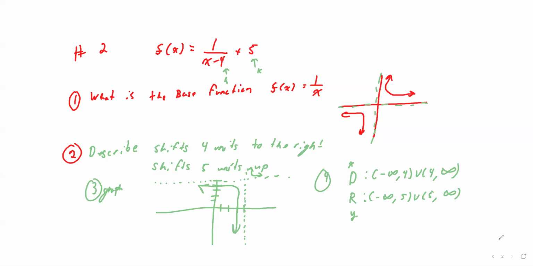All right, but let's do some more examples. Let's look at number 5. This one is f of x equals the square root of x plus 2 minus 5. Now, I'm not going to rewrite all of these questions. I'm just going to label them as 1, 2, 3, and 4. And then you can go back to the previous question to figure out what that is, but I'll say it out loud as well.